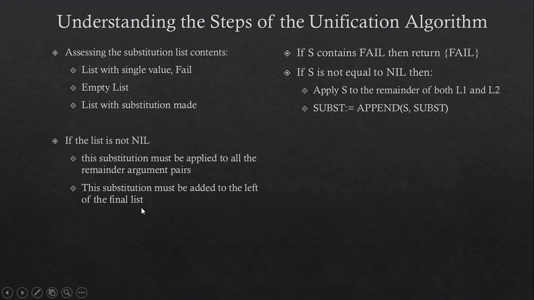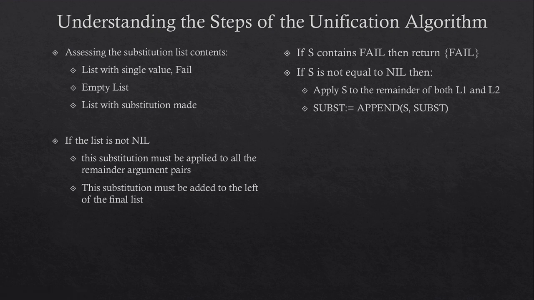Apply the substitution S to the remaining arguments in L1 and L2. Then SUBST becomes equal to append into bracket S on the left, comma SUBST on the right. So the latest substitution comes on the left. Notice that we are appending SUBST to S, which means that the latest substitution will come on the left hand side as required by function composition notation.